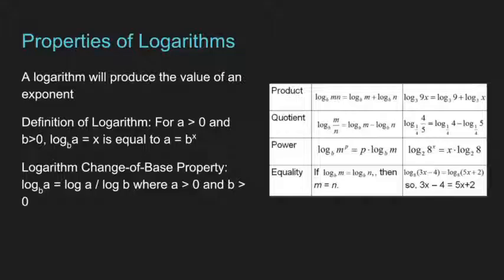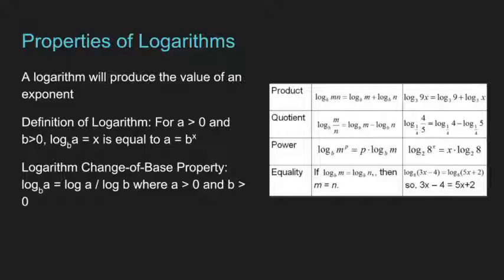The product property of logarithms states that log base b of mn is equal to log base b of m plus log base b of n. The quotient property of logarithms states that log base b of m over n is equal to log base b of m minus log base b of n.